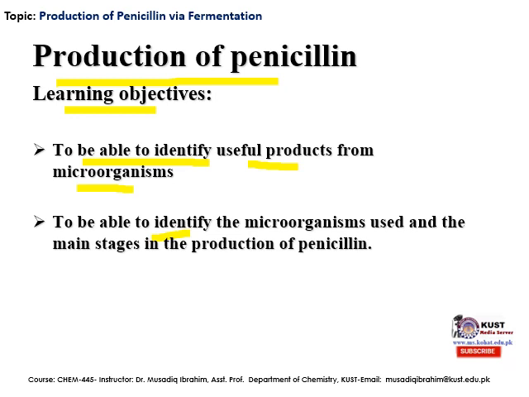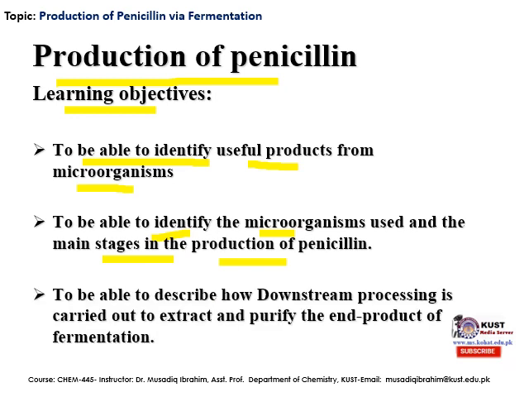Also, to identify the microorganisms which are used and the main stages in the production of penicillin. That is also very important, what steps need to be taken when the production of penicillin is carried out. And obviously here we will be talking about the production of penicillin through fermentation, and also to be able to describe how downstream processing is carried out to extract and purify the end product of fermentation.